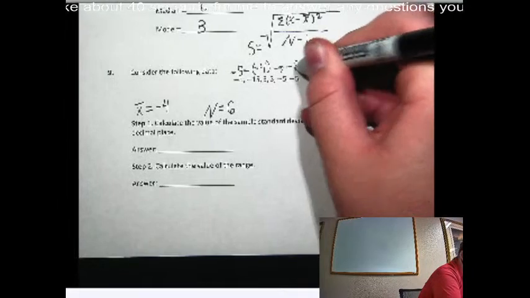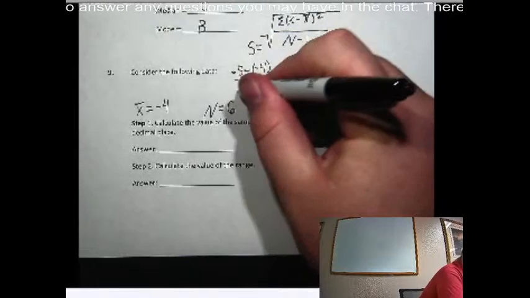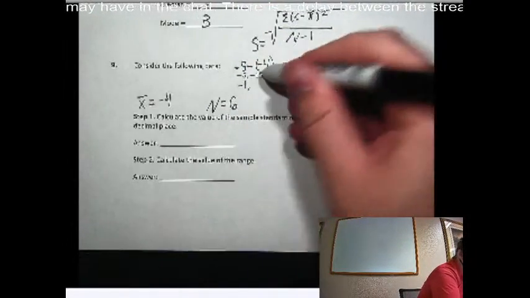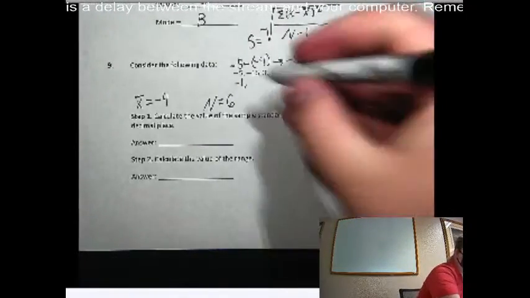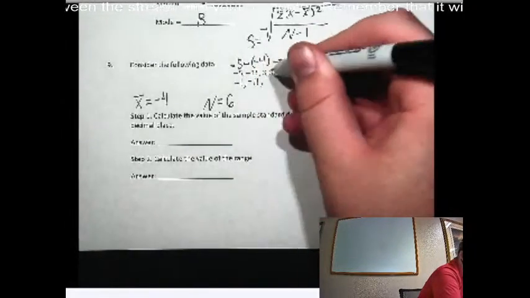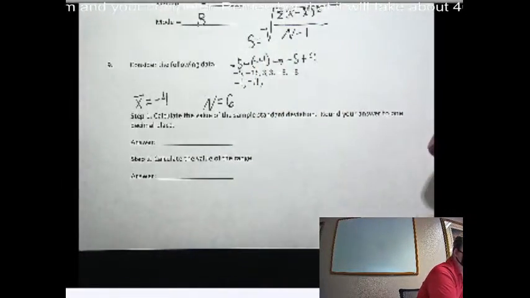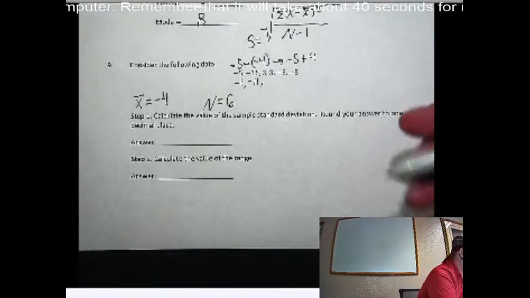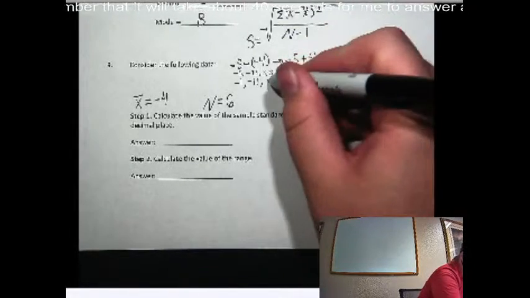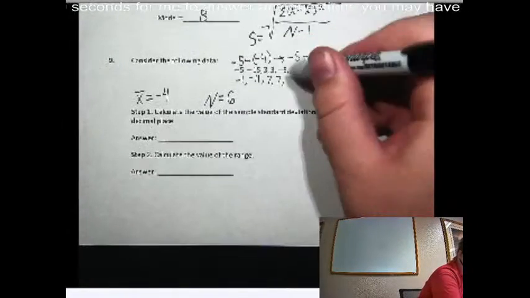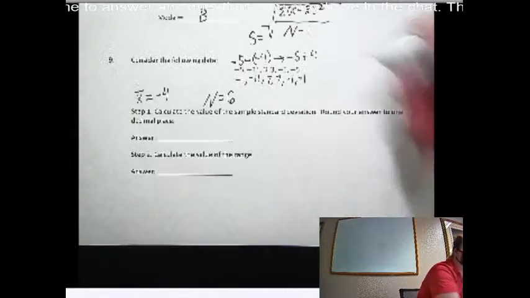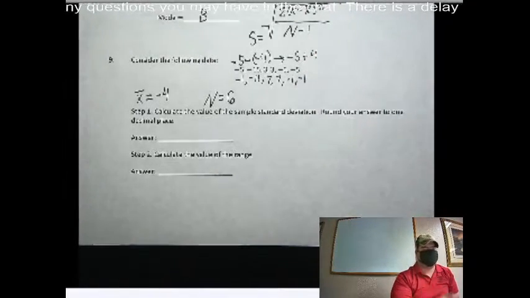So really this is negative 5 plus 4. What's that going to give us? Negative 1. All right, so we're going to need to do that for all of these. Negative 15, really plus 4? Negative 11, good. 3 plus 4 is what? 7. And same thing here, negative 5 is still going to give us negative 1. All right, so there's our x minus x bar.